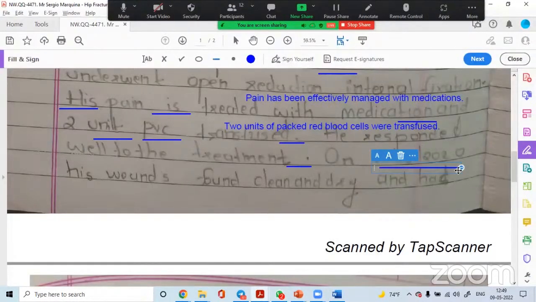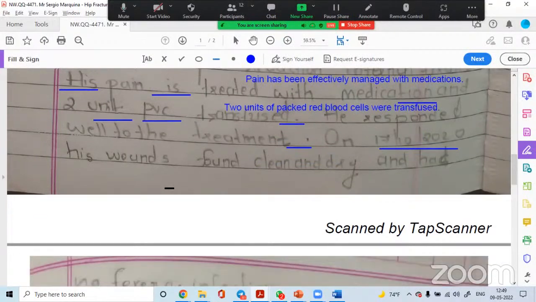So on 17/10/2020, his wounds are found clean and dry. Okay. The wound site is clean and dry. Okay. Right.